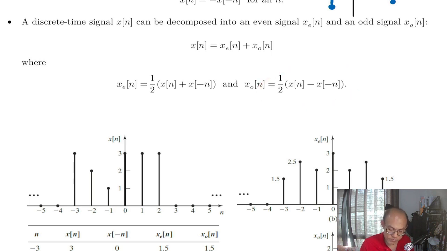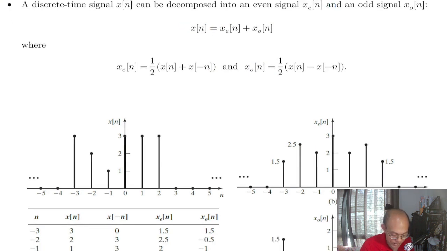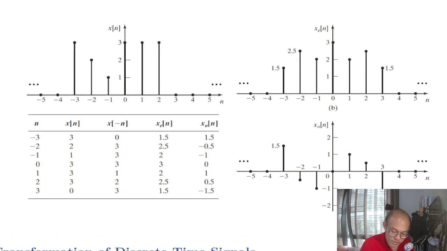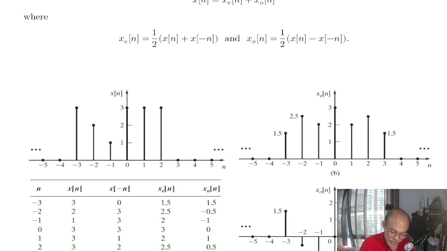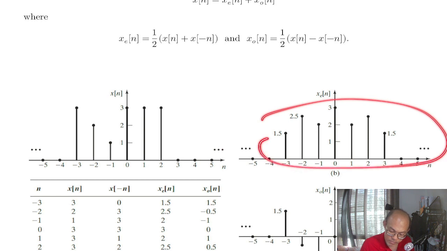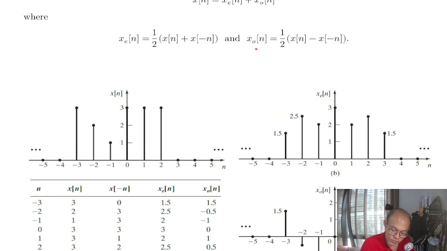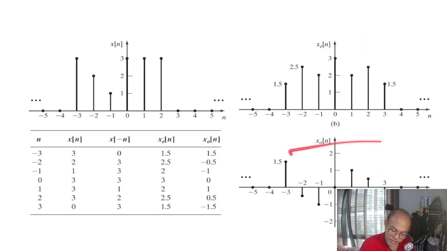So any signal can be decomposed into these two components, and if you add the even component and the odd component together, you're going to get the signal x of n back. For example, in this signal, if you compute the xe using this equation, you'd get this one. But if you compute the xo using this equation, you're going to get this one.